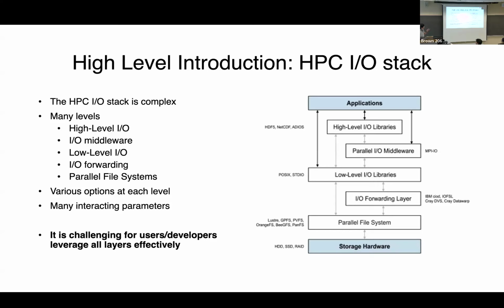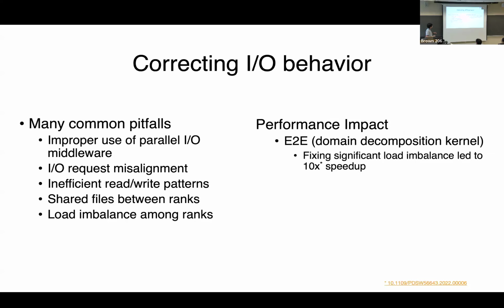So they will work on it. Application developers often do not have the proper expertise to do that. The wrong behavior of the IO includes multiple issues. We can show here improper use of IO middleware, IO request misalignment, inefficient read-write patterns, shared files between ranks, load imbalance among ranks, and load imbalance among storage servers. Those are all possible issues. And for the performance impact, we just show an example here.